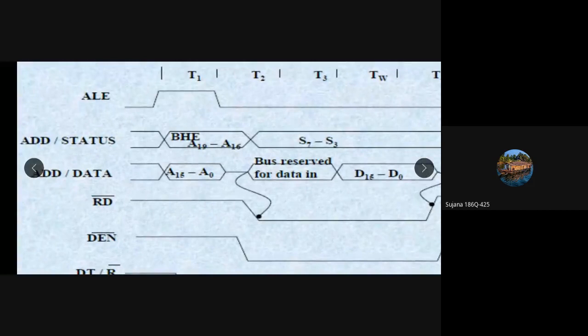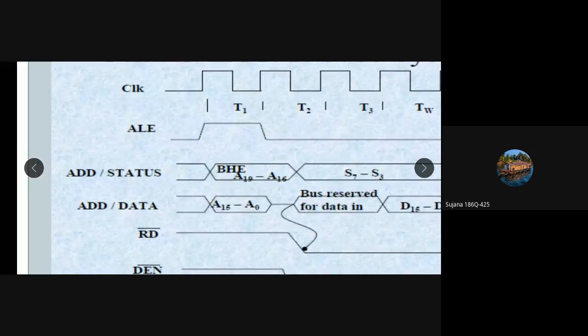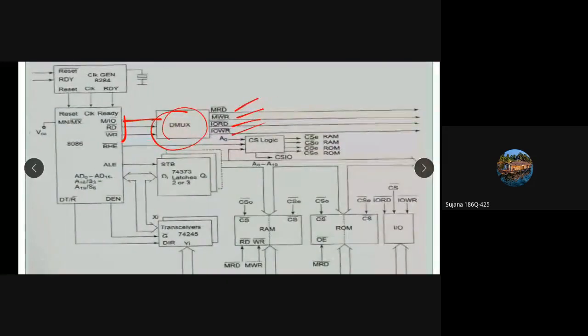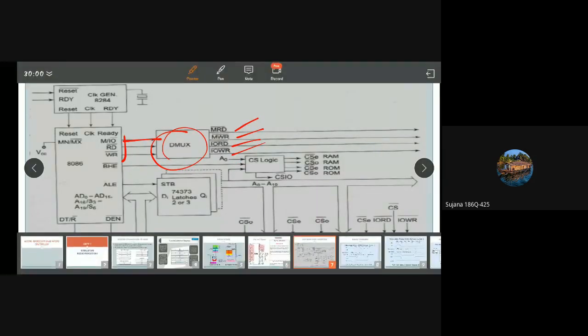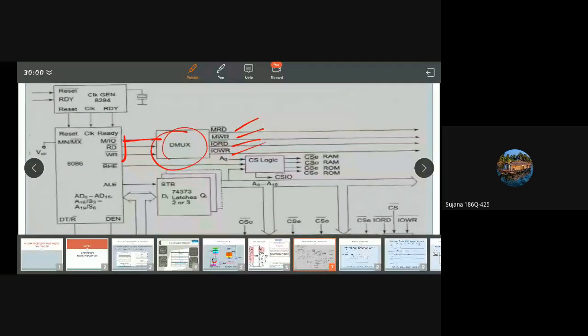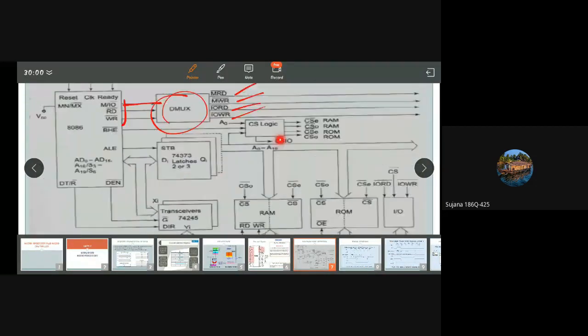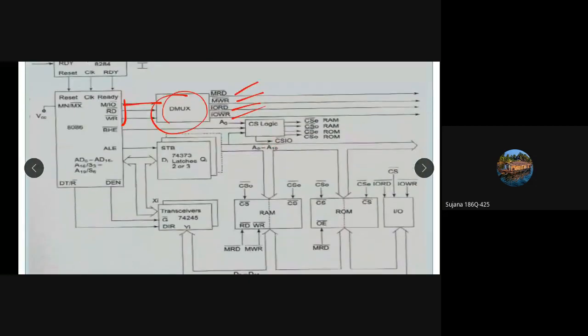Since we get the address here, the address status lines will get activated. Here we have BHE bar, and this BHE bar will activate the control logic. The control logic gets activated and instructs the latch where to send the latched address, whether it is to be transferred to RAM or ROM.